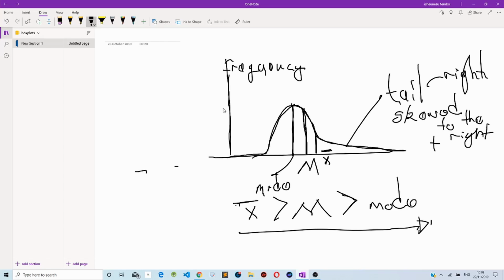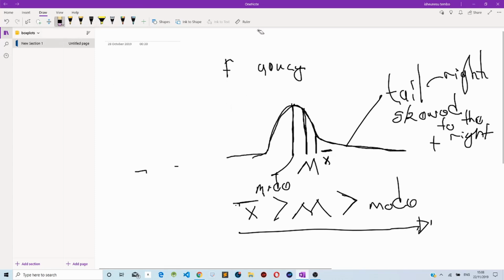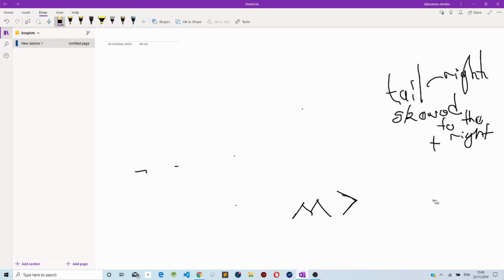Always keep that in mind when dealing with graphs that are skewed to the right. So let's take a look at box plots that are skewed to the right.